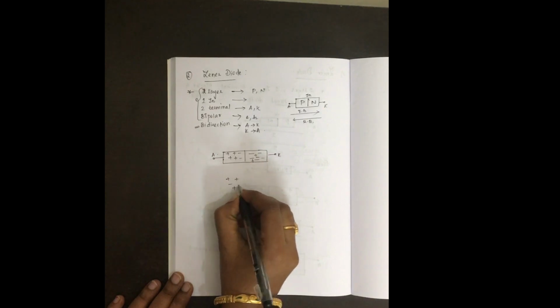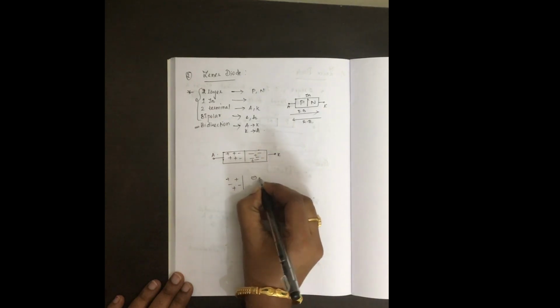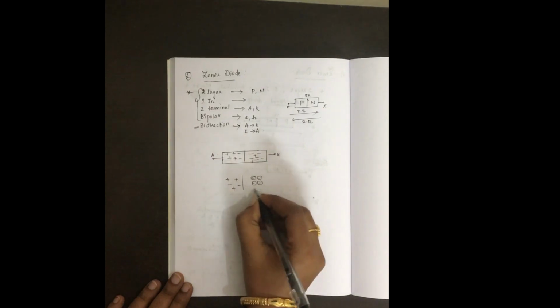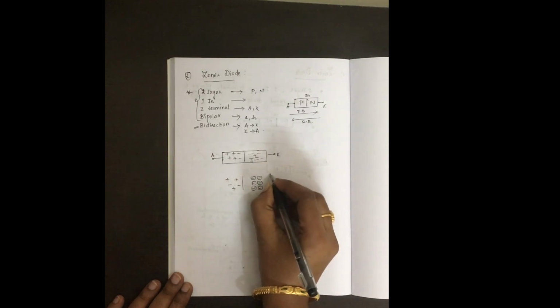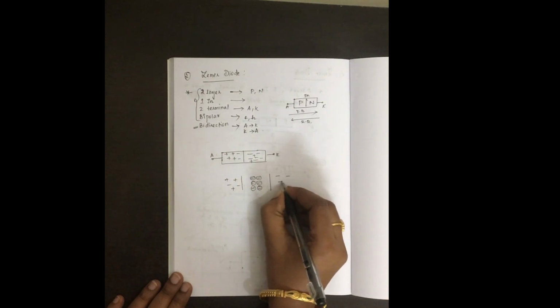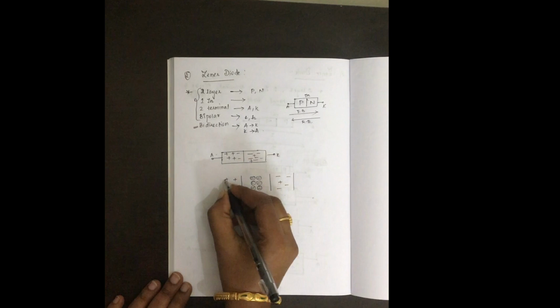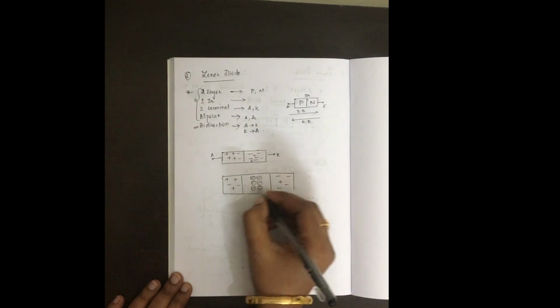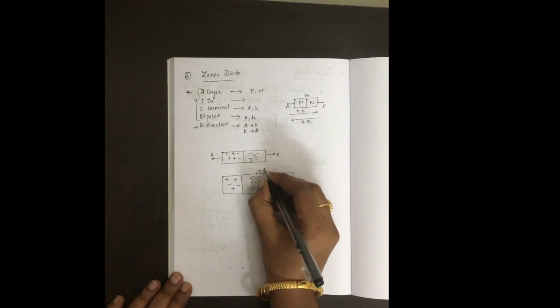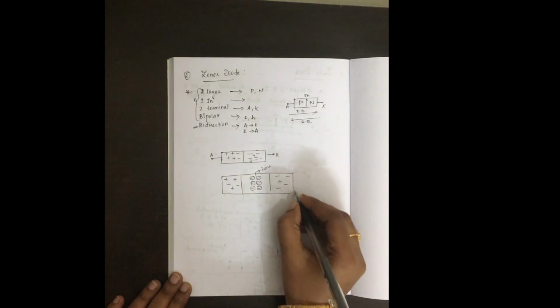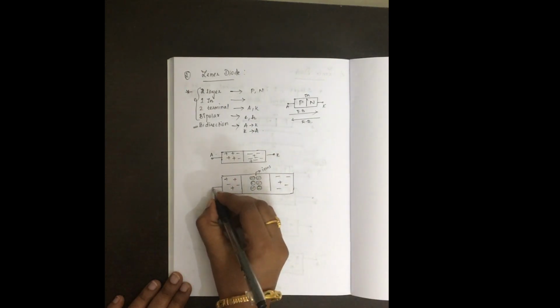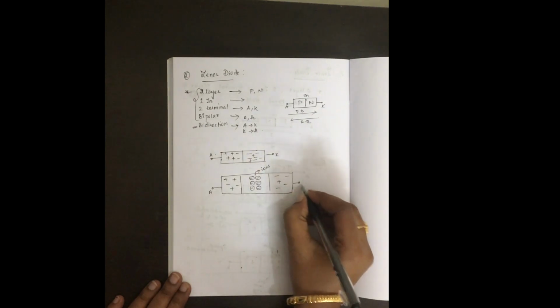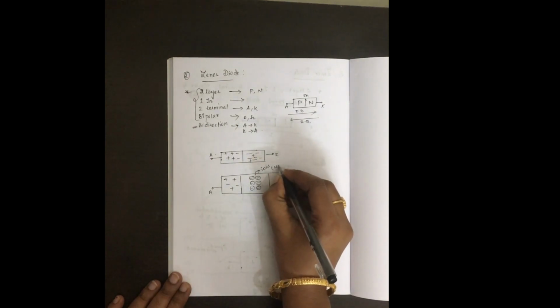Now the electrons and holes are recombined, hence they become ions of neutral charge. Both positive and negative charge combine to form neutral charge.